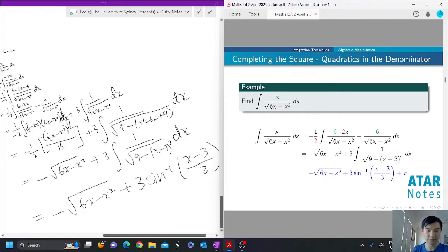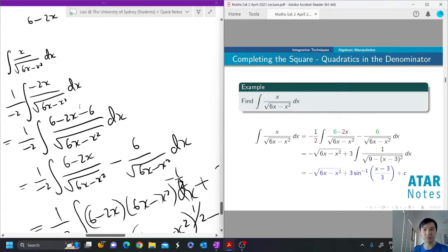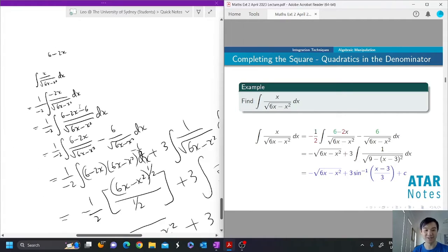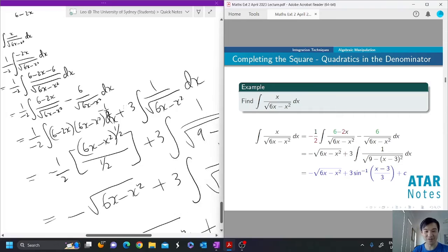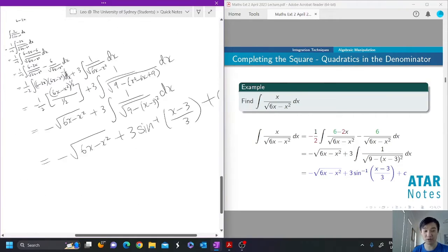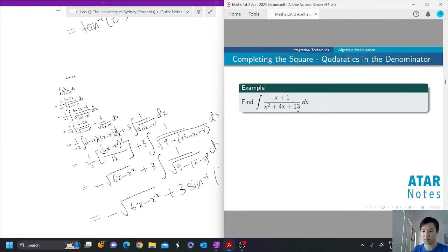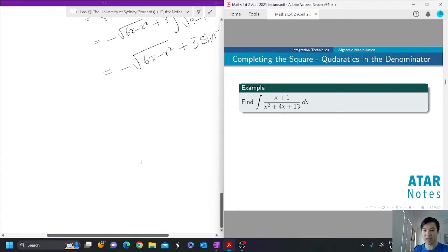Okay, cool. So you can see the difference between Extension 2 integration and Extension 1 or Advanced integration. It is a bit more complicated, with the algebraic tricks you need to know, and also a good working knowledge of your standard results. So let's try this question now.